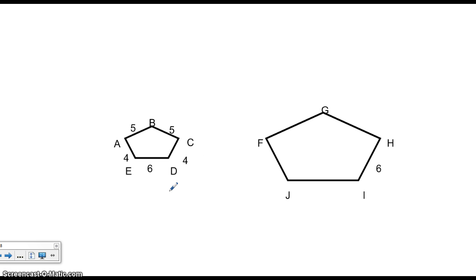The last example that we're going to look at is this pentagon. And we need to figure out the perimeter. So what we're going to do is figure out what the scale factor is for this one. We know that C and D, or line segment CD, goes with IH. We have to figure out the scale factor. So 4 times what, we'll call it X, equals 6. Well, it turns out, when you do that division, that X equals 1.5.